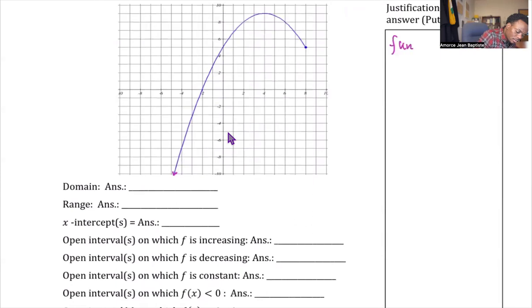Function is positive when its graph is above the x-axis.